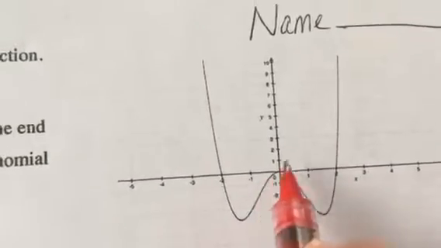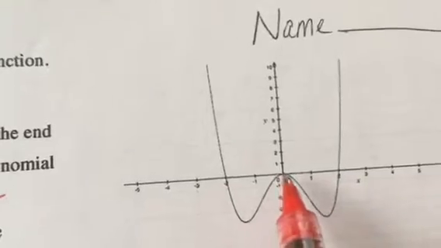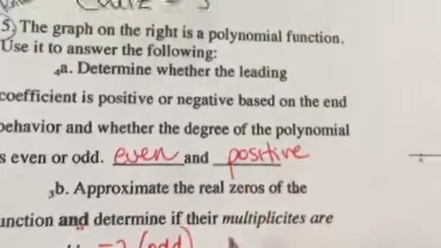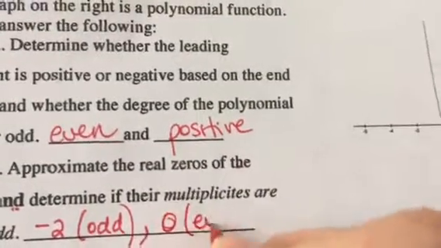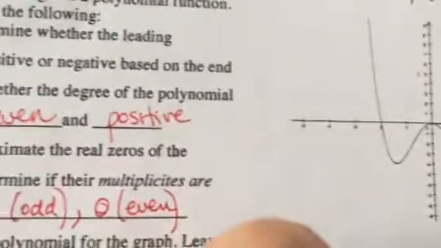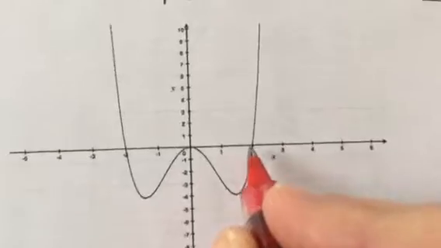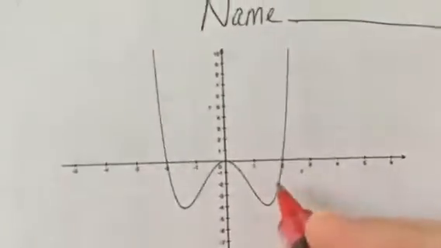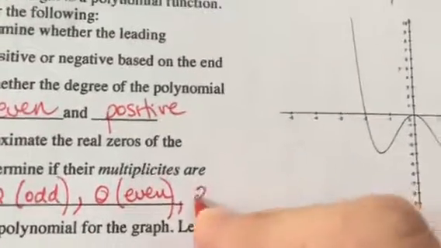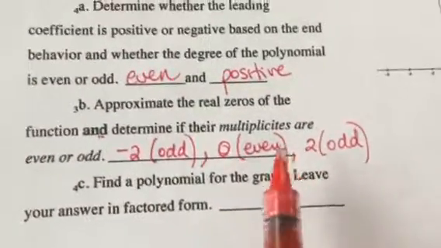And do you see how it bounces? It doesn't cross here, but it touches 0 and then bounces right off. So it has to be even, because remember, if it has an even degree or an even multiplicity, it bounces at that 0. And my last 0 is 2, and it crosses here, so it has to be odd. So you have to be very specific on this, okay?